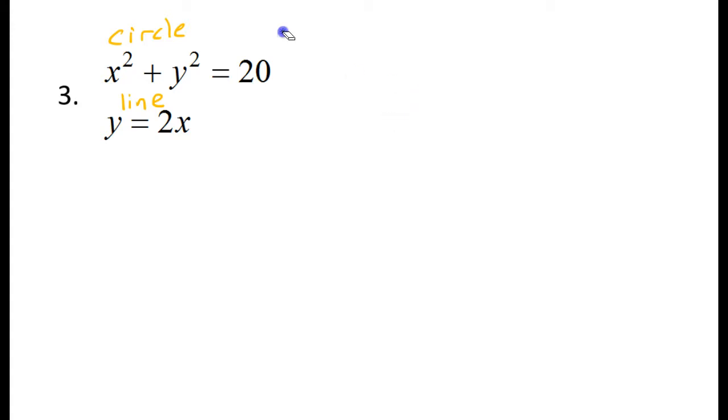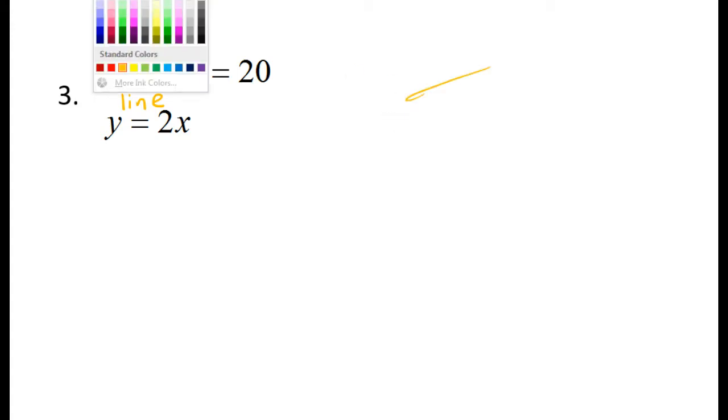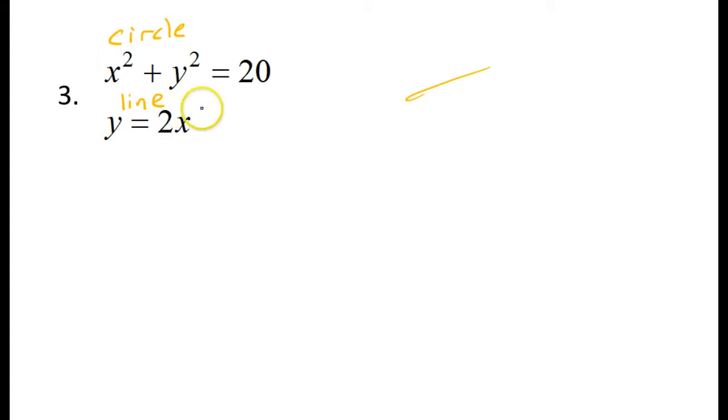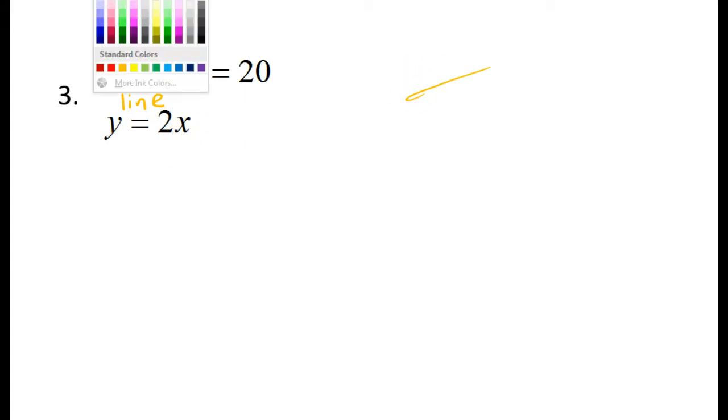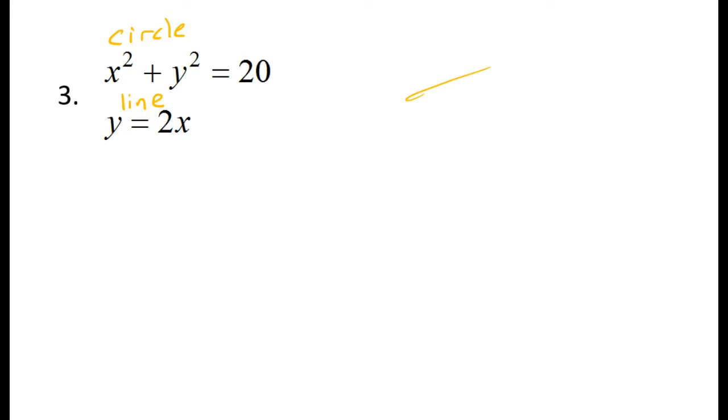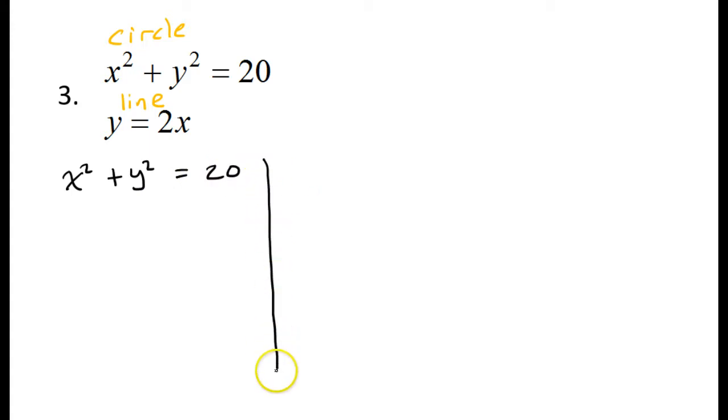Our two main tools are substitution and elimination. This would be an easy problem to use substitution. Okay, so I've got x squared plus y squared equals 20. All right, that's one equation.